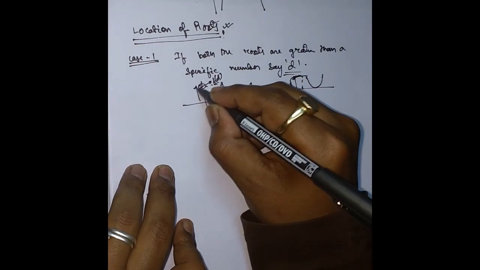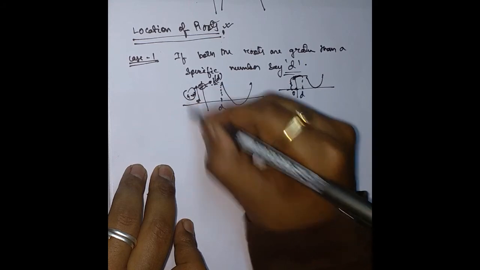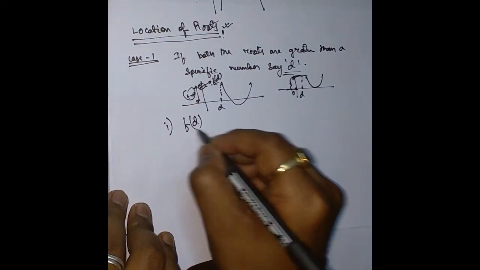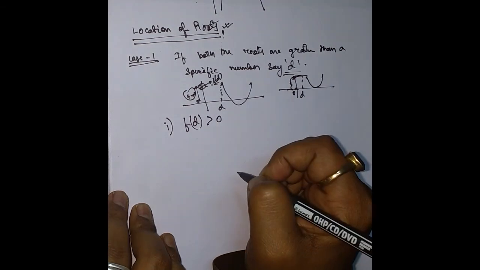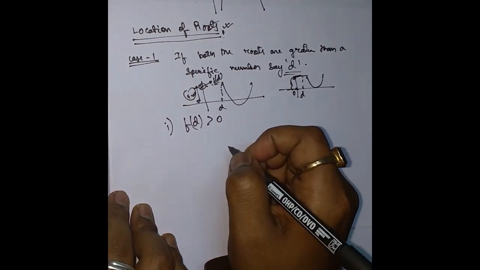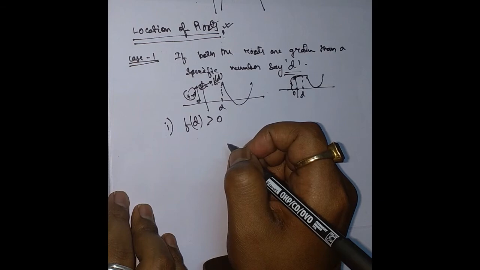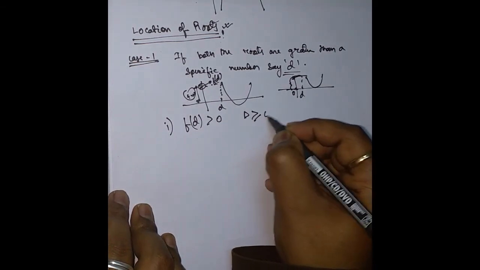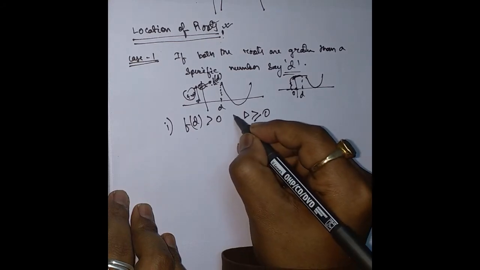Okay, so the first condition which you get is f of d should be greater than 0. And the discriminant should always be greater than or equal to 0.